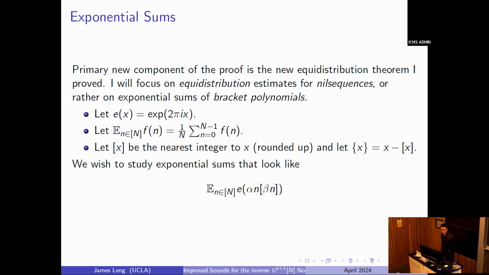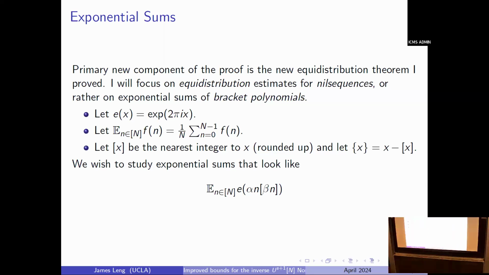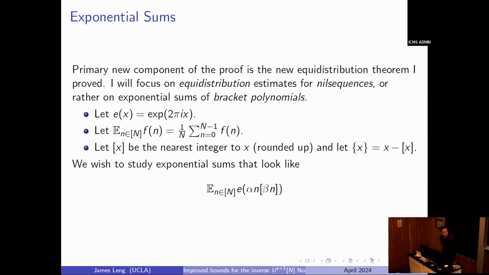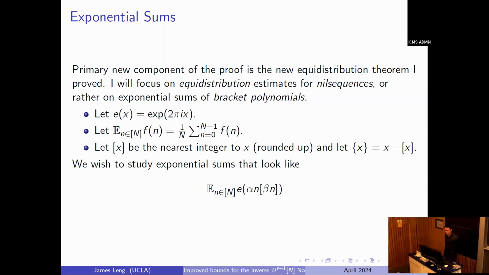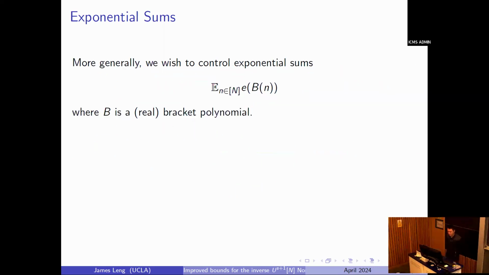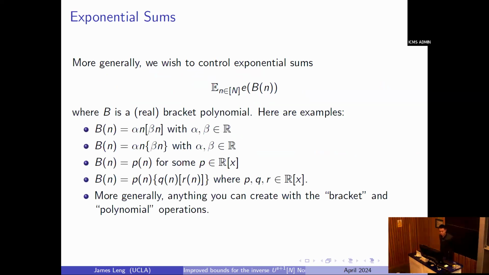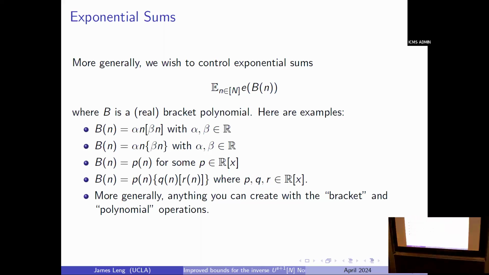And I will let this square bracket be the nearest integer to x rounded up, and the curly bracket x to be x minus the square bracket x. An example of an exponential sum we would study is an exponential sum of alpha n square bracket beta n. But more generally, we would want to control exponential sums like b of n for any real bracket polynomial.